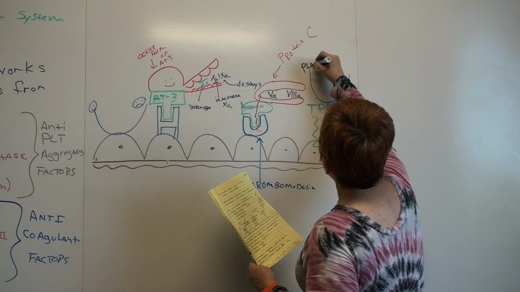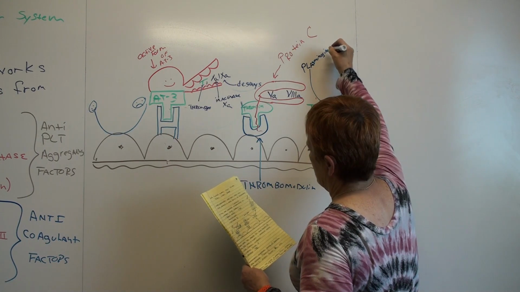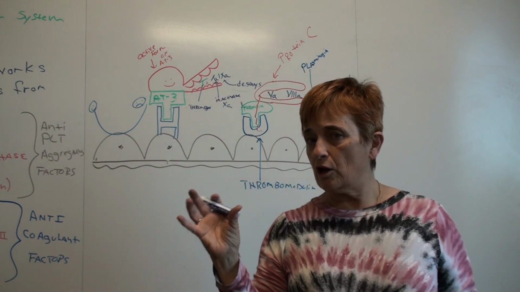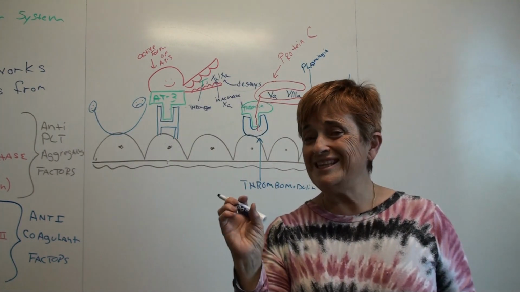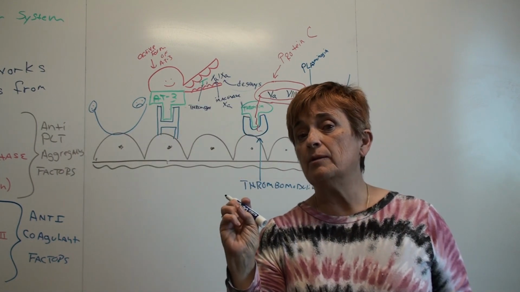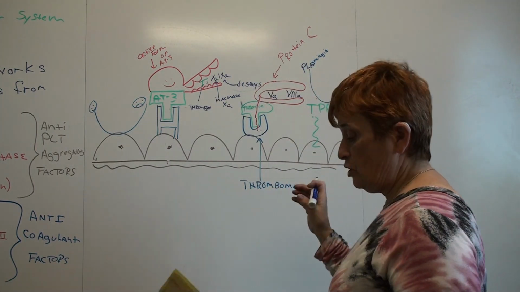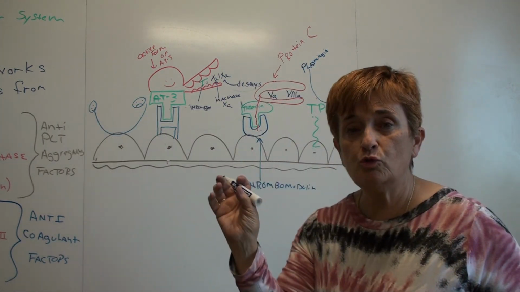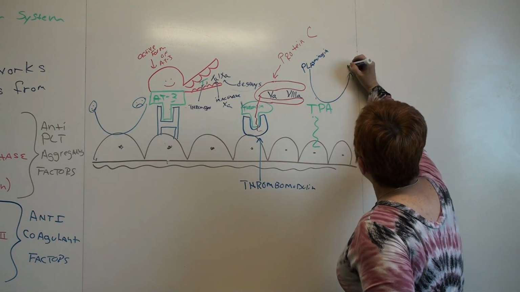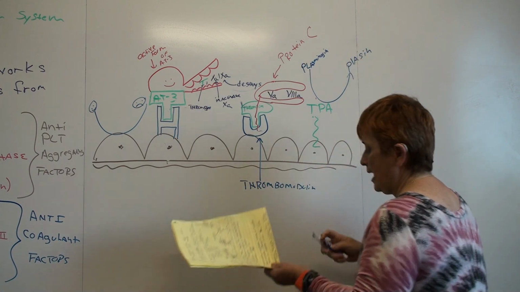Now remember that I said when a clot is forming towards the end, it's going to absorb into the clot plasminogen. So your plasminogen is then going to go to plasmin in the presence of your TPA. Plasmin. And I mentioned that last time.